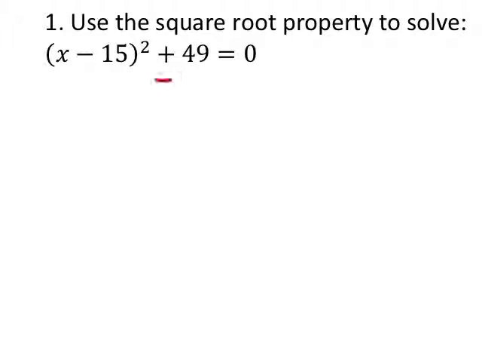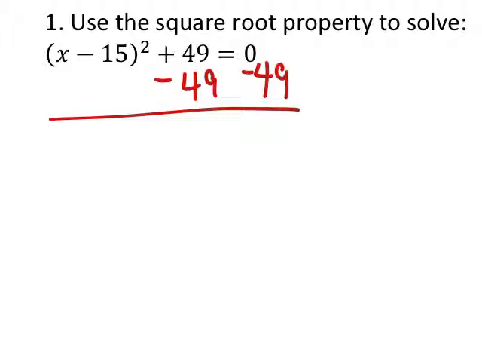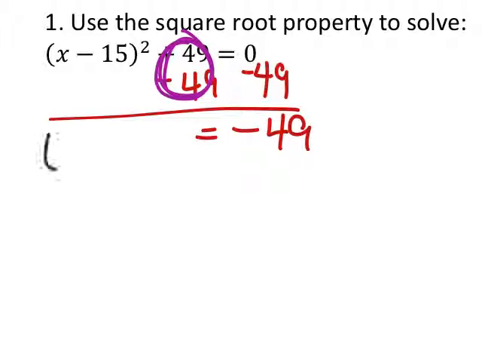What we want to do here is subtract 49 from both sides. That's a 49. And that will cancel out this one, so that becomes a 0. 0 minus 49 is a negative 49. And this equals, we didn't do anything to the (x minus 15) squared.